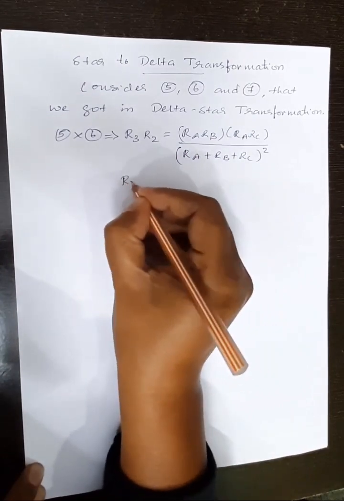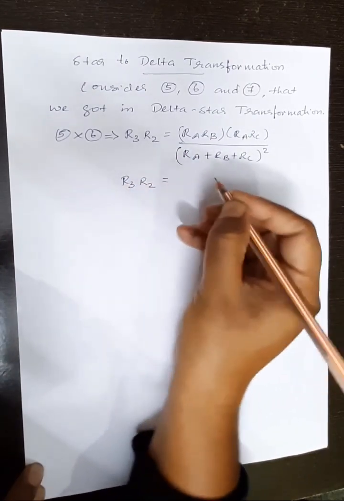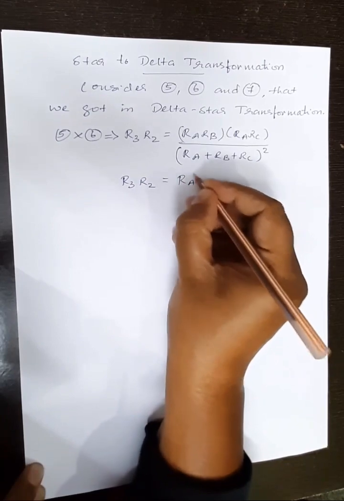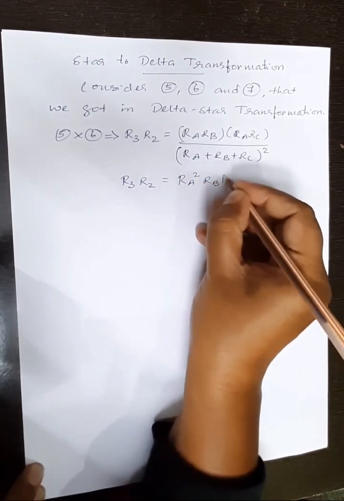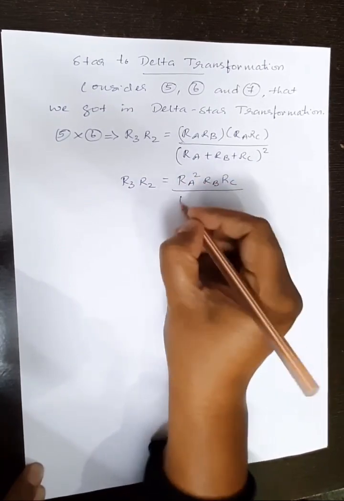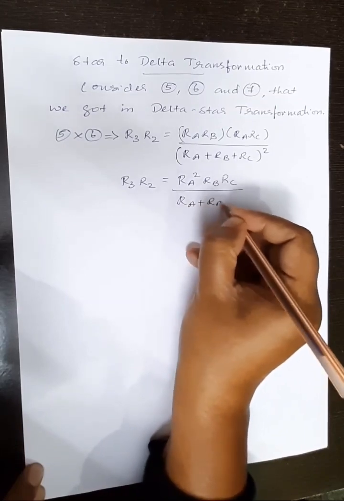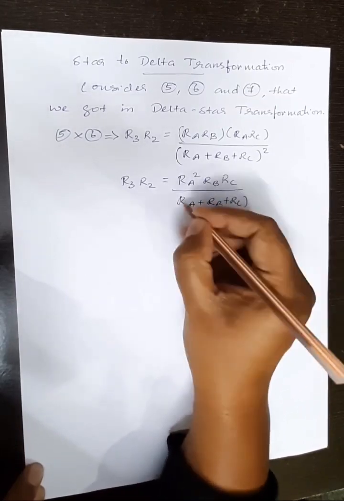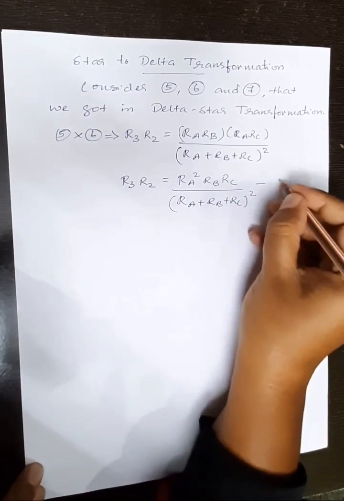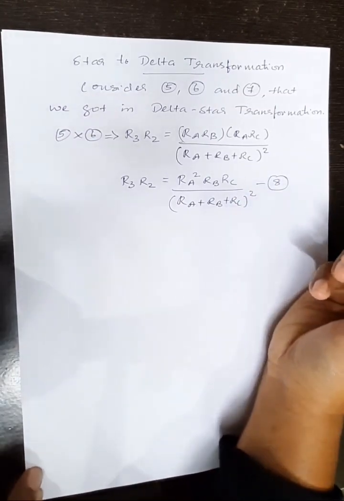So you will get R3 R2, which is equal to RA square RB RC whole divided by RA plus RB plus RC whole square. Let us consider this as equation number 8 now.